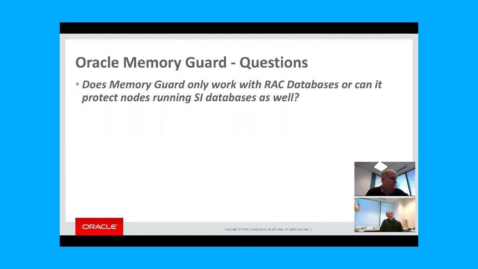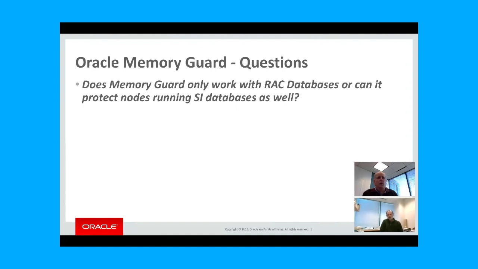Yeah, assuming that the single instance databases have actually got their services registered with the clusterware stack, Memory Guard will be aware of them and will be able to act on them. If it's simply a case that you've started up a single instance database, you haven't told the clusterware anything about that database, it will be invisible to Memory Guard. It'll look like just other background work.